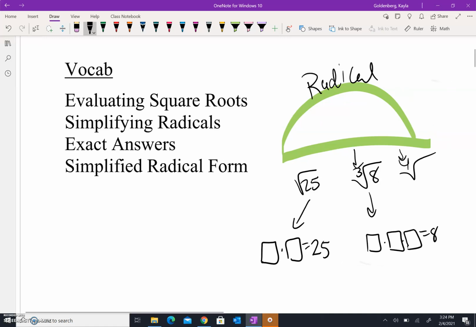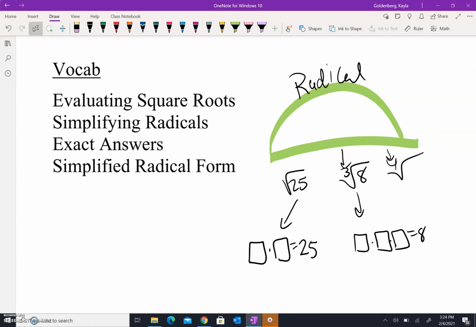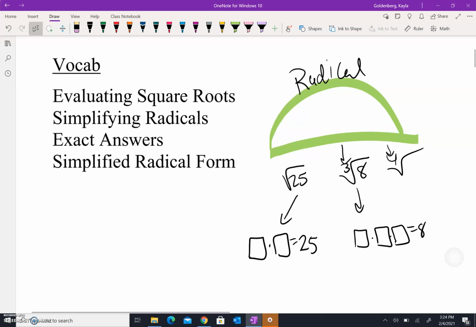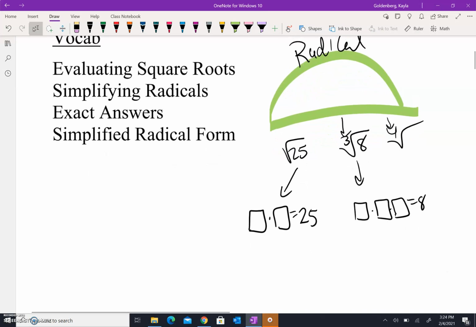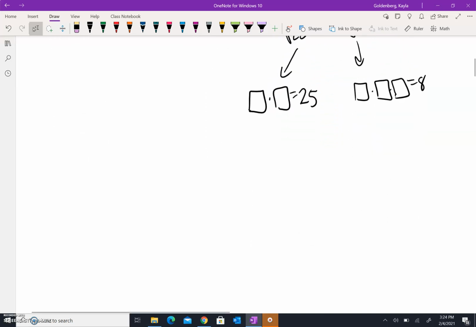So that's the difference between them. We're going to focus mainly on square roots, but just a heads up that it includes other concepts under the term radicals. And we're going to talk about what an exact answer is in terms of radicals versus giving a decimal approximation. So those are some words that you're going to see come up.